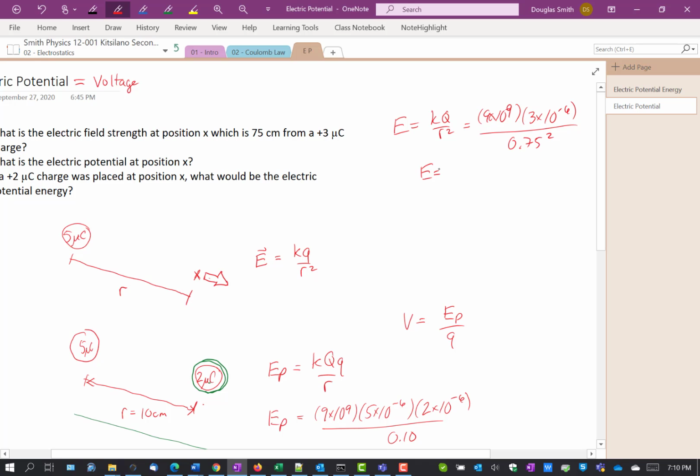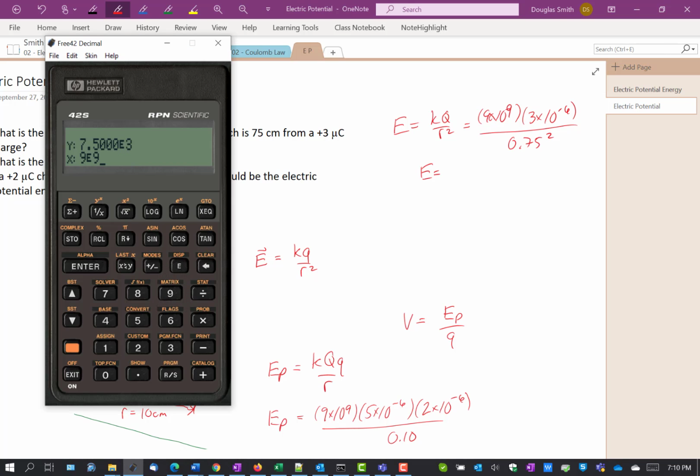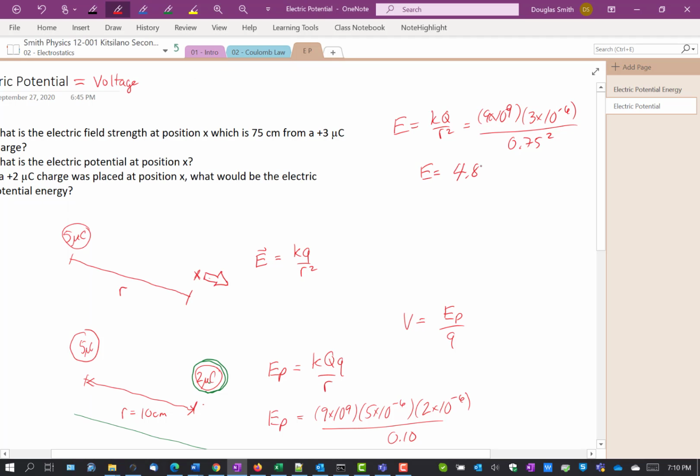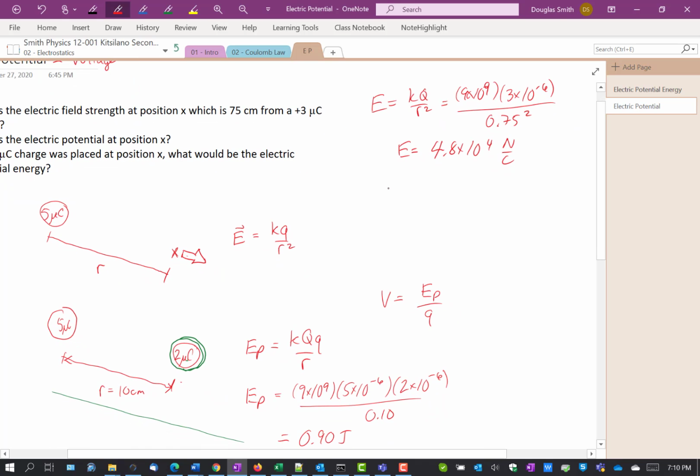I get E equal to 4.8 times 10 to the 4 newtons per coulomb. And that would be pointing away, because the charge is positive.